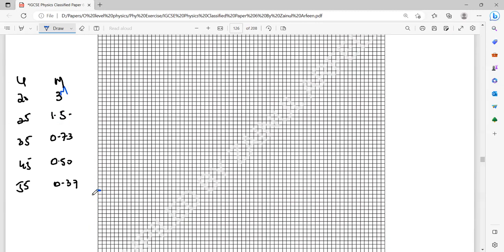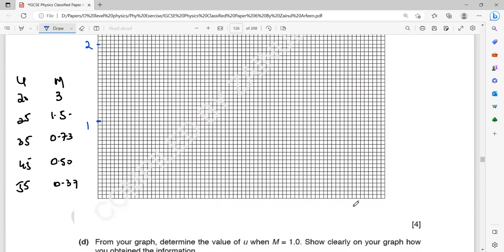So it will fit in the scale. So this one is 1, this one is 2, this one is 3.